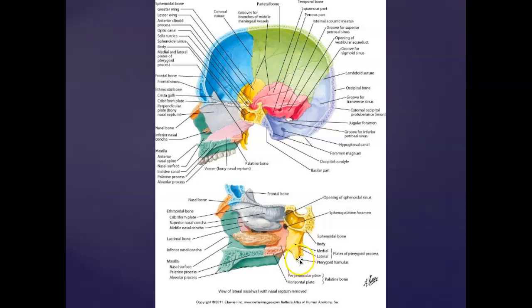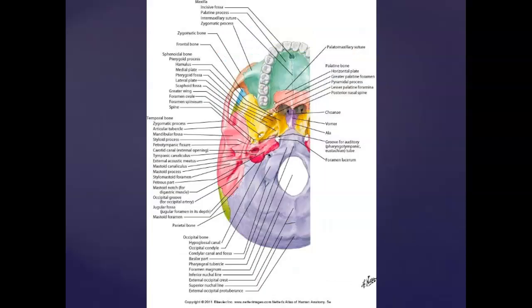You can see on the medial side here is kind of a hook right through there on the medial pterygoid process, and that's for a muscle called the tensor veli palatini. That's a muscle that kind of hooks around the hamulus there and then goes kind of sideways. So it's going to come across, let me show it on this picture. It's going to come across here and then hook around that as it goes to the back, kind of traveling horizontally across the top of the throat.